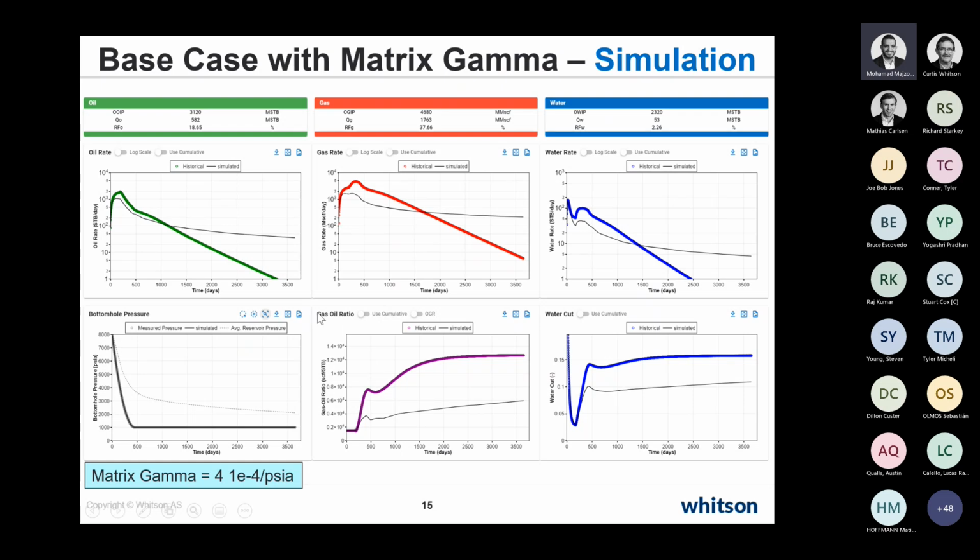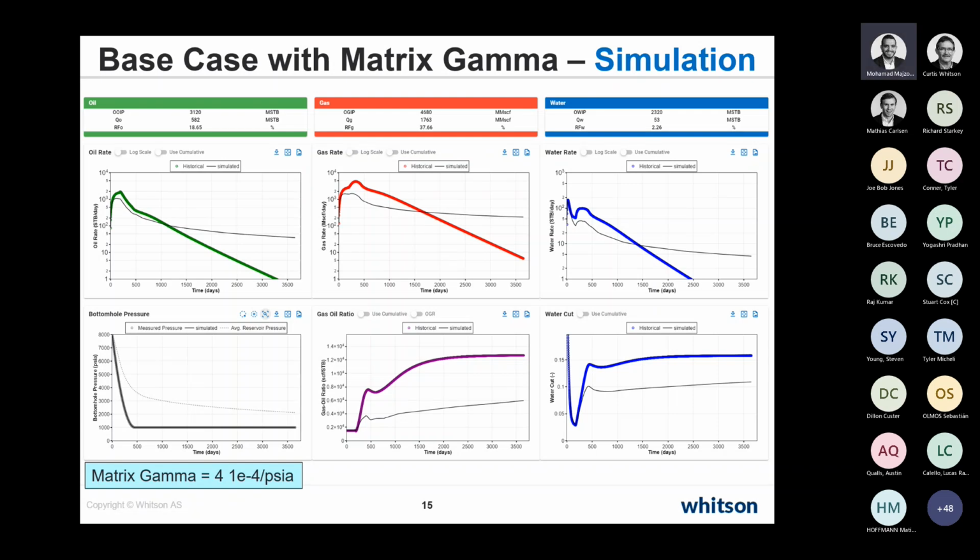And one very key observation is that your GOR becomes suppressed. You definitely will get lower rates, even though here it might seem that the rates are higher, but in QM space they will be lower. You have a lower rate for the pressure-dependent permeability case versus the base case. But the most important observation is how the GOR gets suppressed, and that's just an important thing to keep in mind.